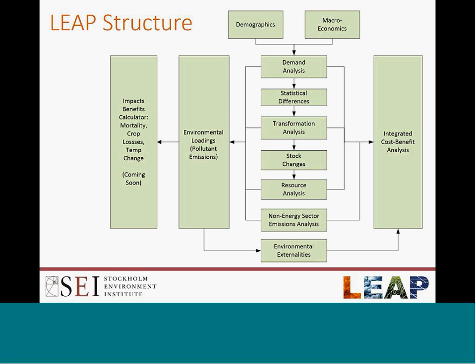A few other bits that I haven't mentioned. It is possible to include environmental externalities. So if you know the damage costs associated with pollutants, you can incorporate those into your overall integrated cost-benefit analysis.